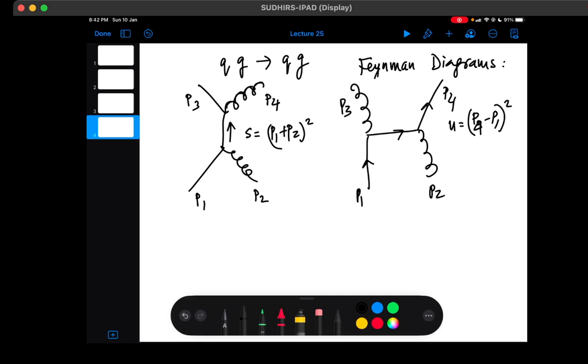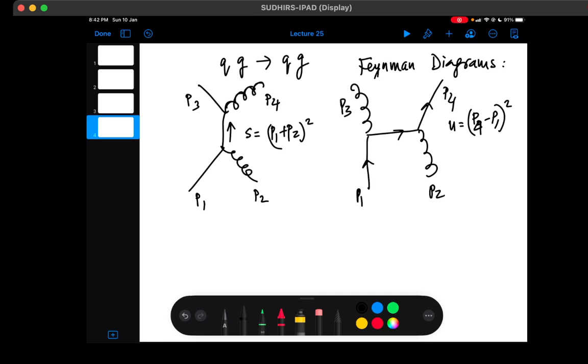Now similarly for the incoming particles you can also add epsilon mu incoming P2, A, i g_s gamma mu lambda A. Then incoming u P1, c, the color factor.